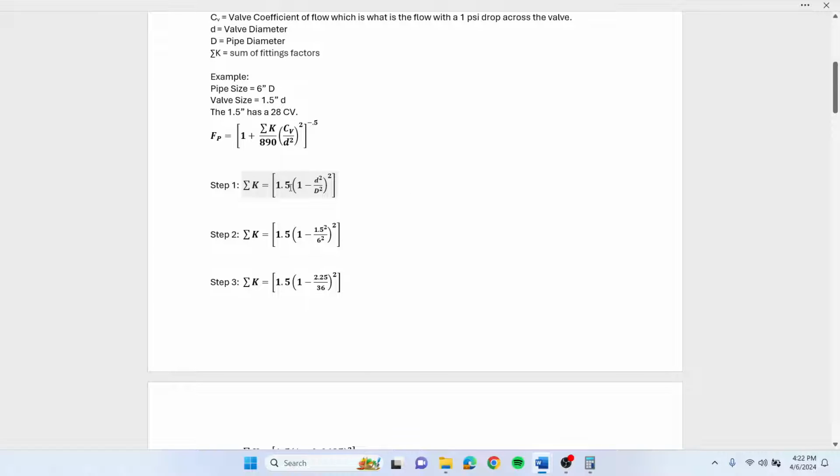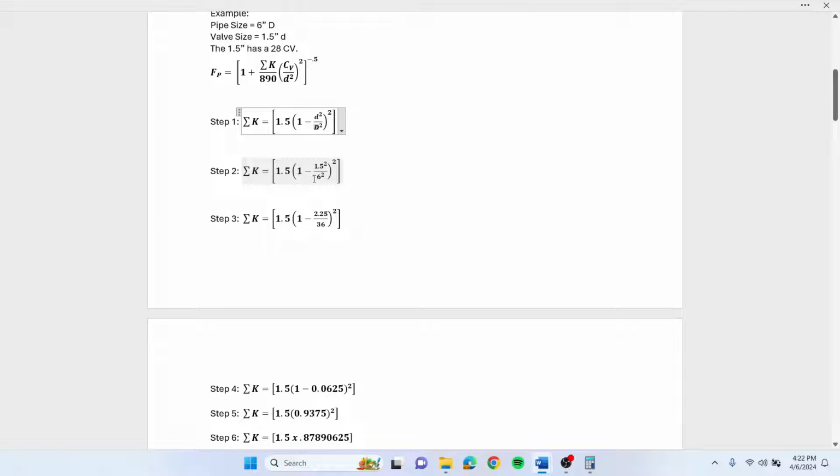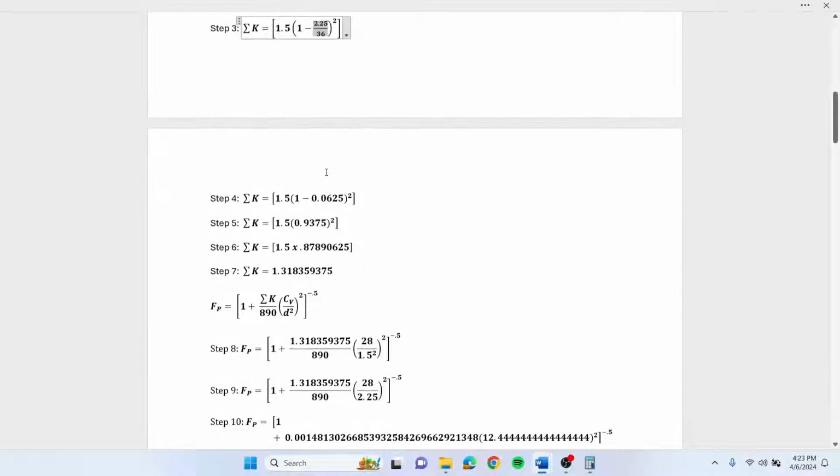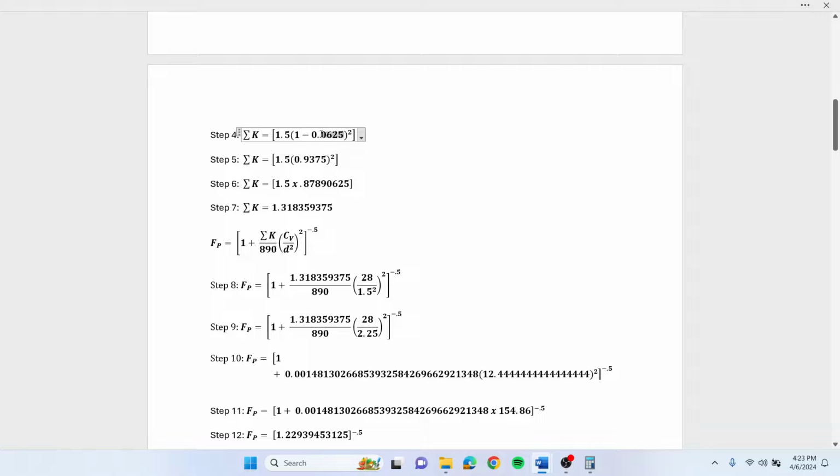So you take 1.5, and then in parentheses you take 1 minus your valve size squared divided by your pipe size squared. So when you plug that into the equation, you end up with 1.5 squared and your pipe size squared. So that ends up being 2.25 divided by 36, which ends up being 0.0625.